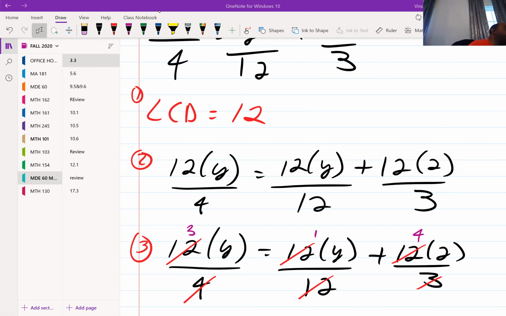So that leaves us with 3y equal to 1y plus 8, 4 times 2.